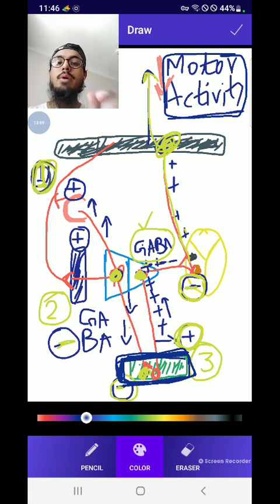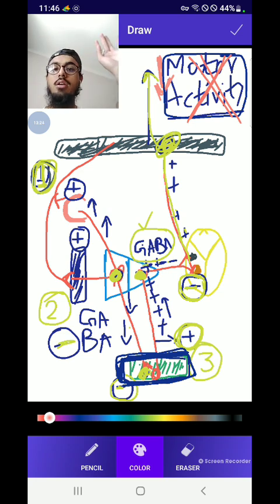If this pathway is damaged, what happens? The motor activity which I do not want, which I do not need, I can do. Like I can sit and I can start dancing. Unwanted movement, my body does not want it, I also do not want it. But if there is damage to this area, the body can do dancing movements and other unusual movements, unwanted movements, which I did not need.